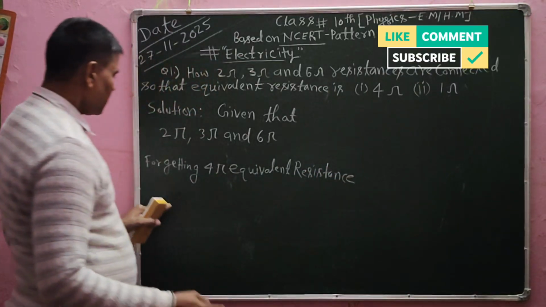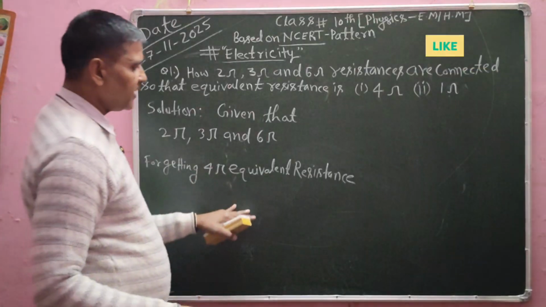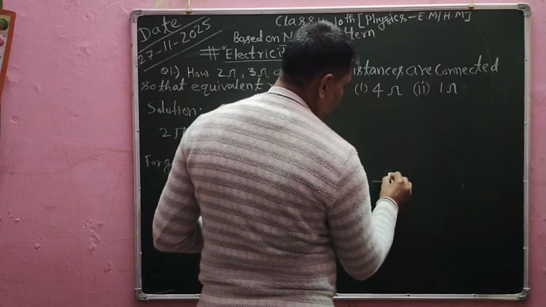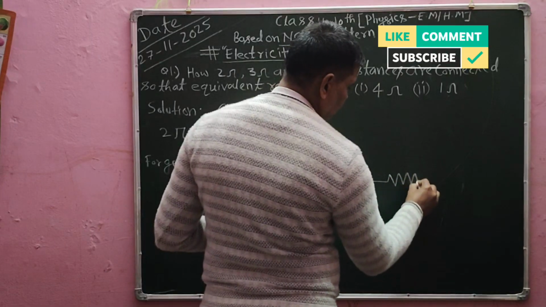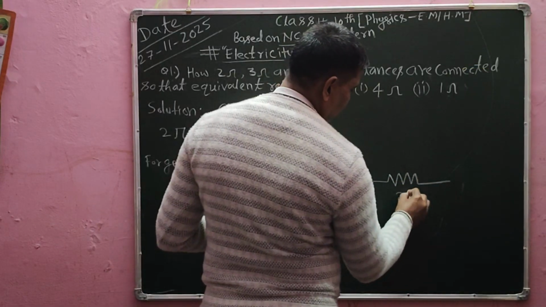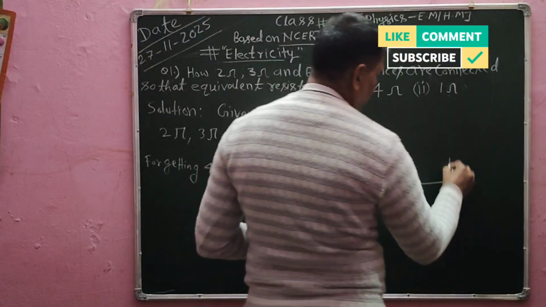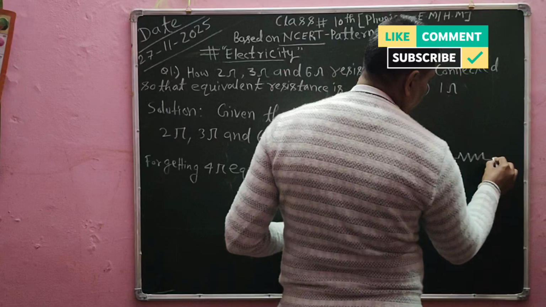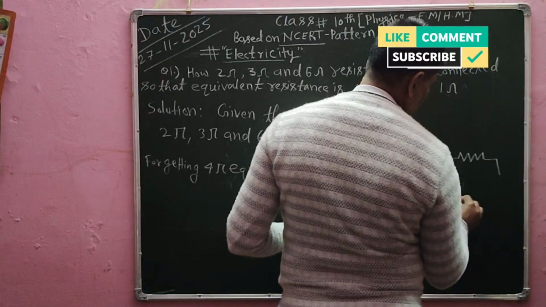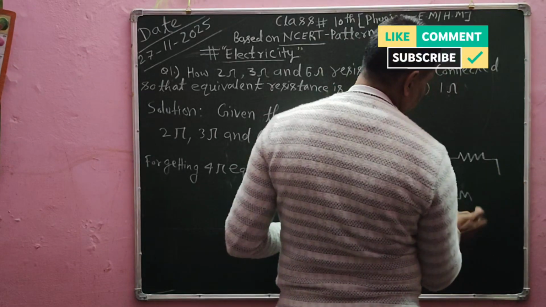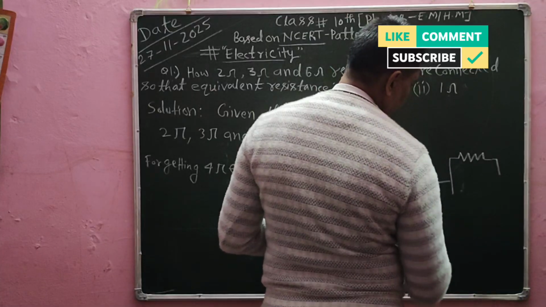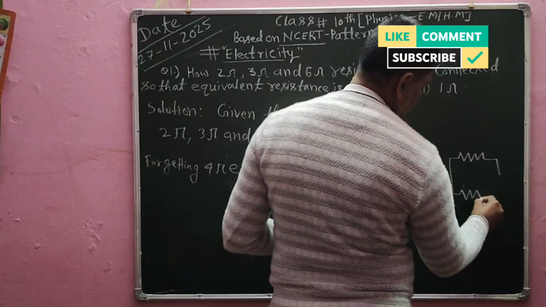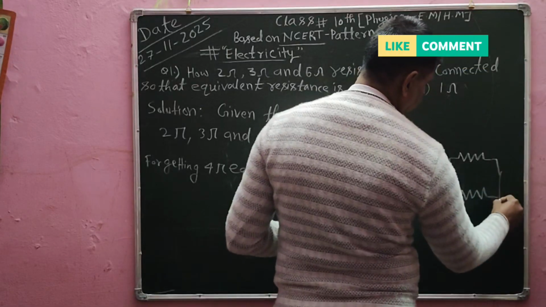For getting 4 ohm equivalent resistance, in this case I will make its circuit diagram like this. Here I will say this is the 2 ohm, and the other two resistances I will add in parallel for getting its value, like this.